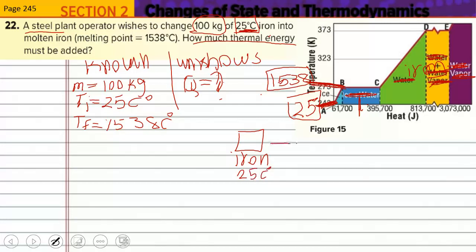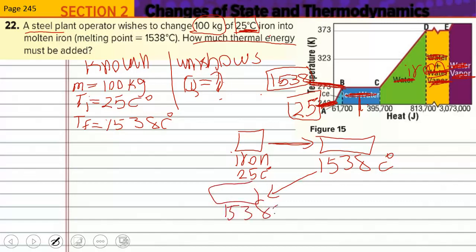Then it goes to the other step, which is 1538 Celsius of iron, and then it goes to the melting point of 1538 Celsius. And then we finish the step. The final step is the calculation step.